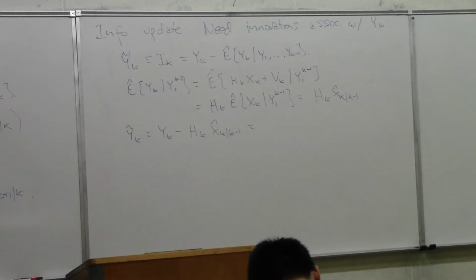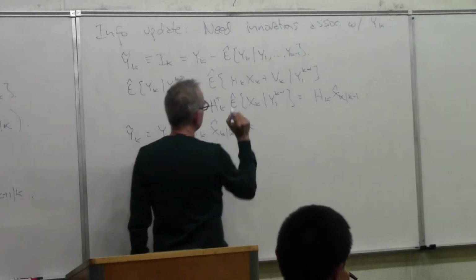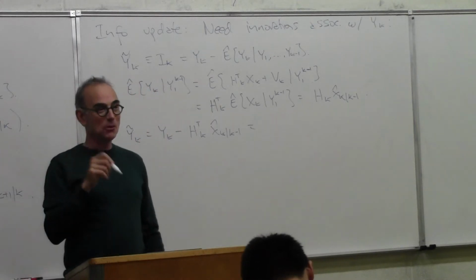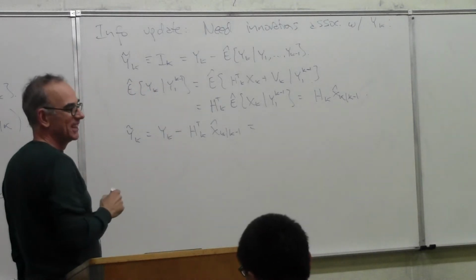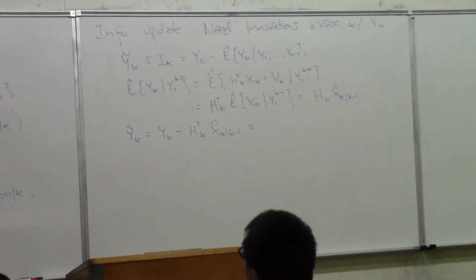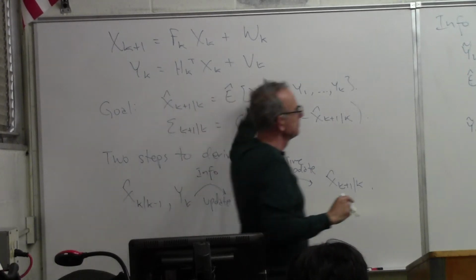And then if you plug in this, you just get H k times, oh, there's a transpose there, I forgot. Sorry about that. There are so many mistakes in the book, and then I'm adding more mistakes. I'm sorry. He uses a transpose there. And so y already has the same form with the noise added on.